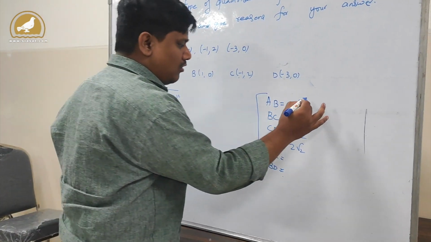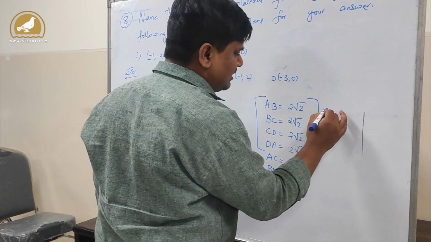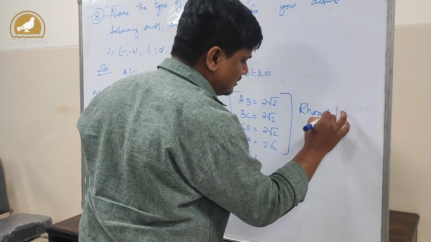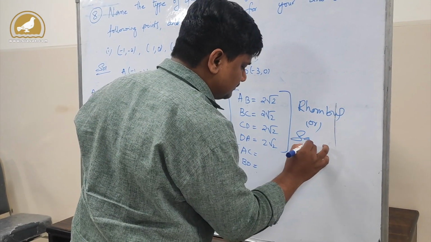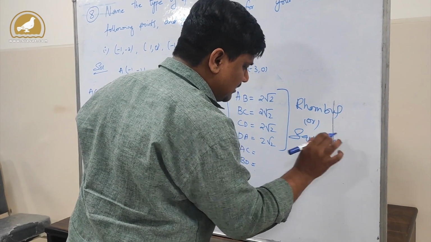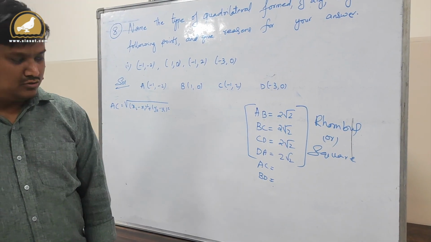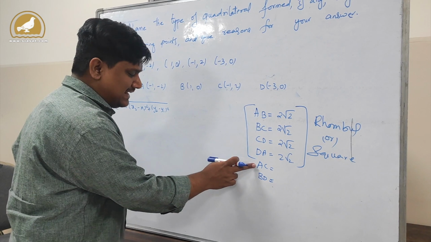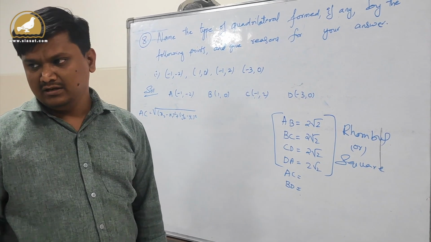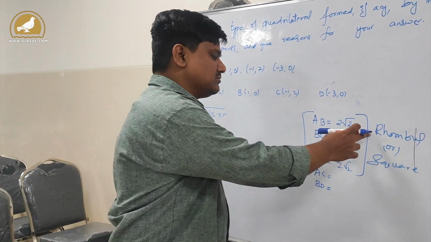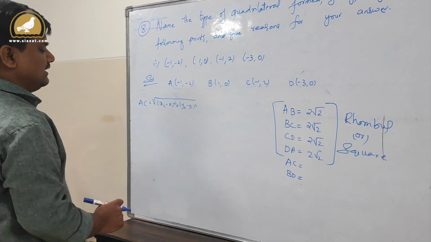So as all the sides are equal, it can be a rhombus or it can be a square, but I'm not sure which one it is. So we need to find out whether AC is equal to BD or not. Based on that, we will decide whether it is a rhombus or a square. So we will calculate AC.